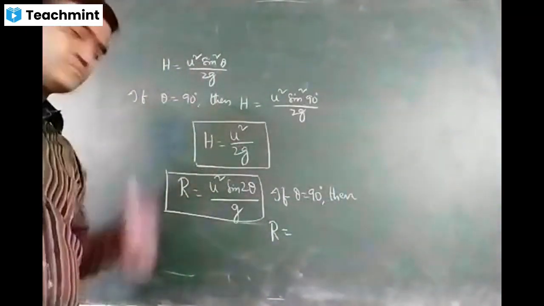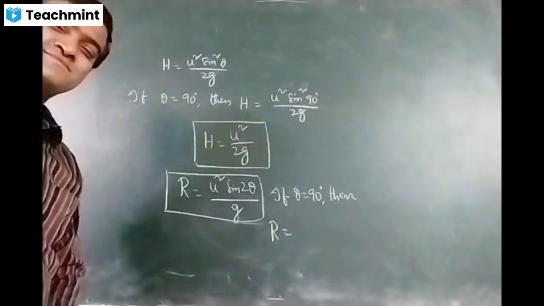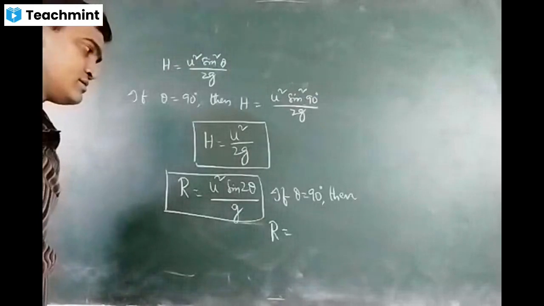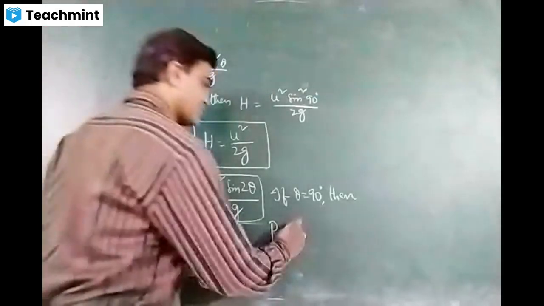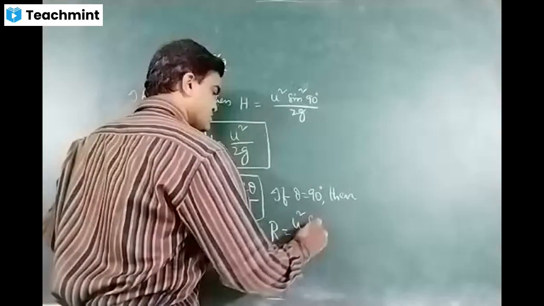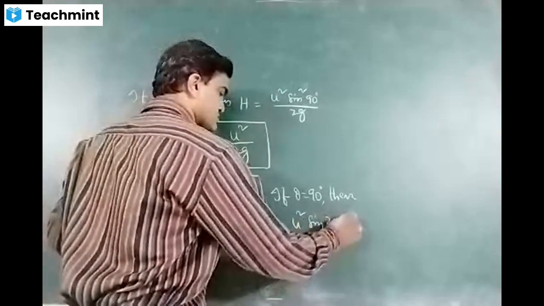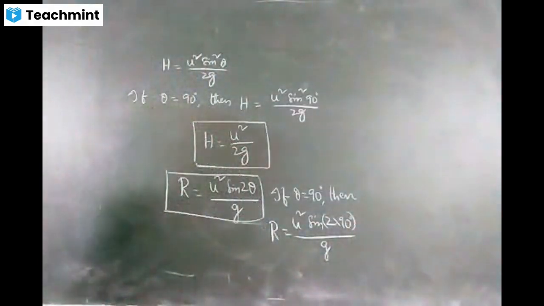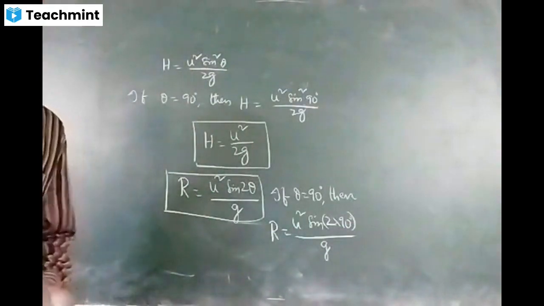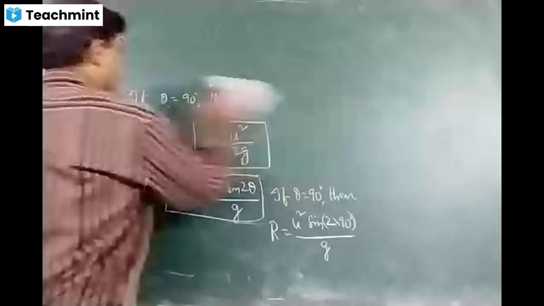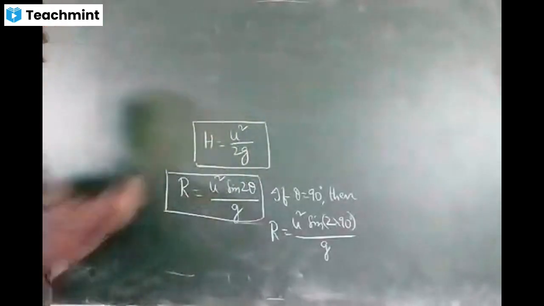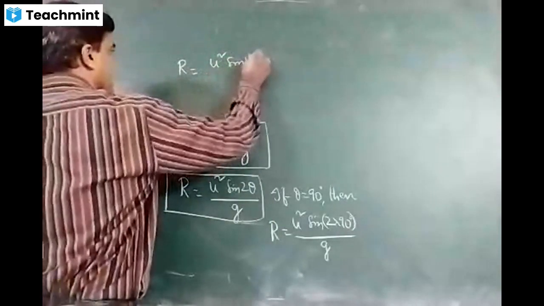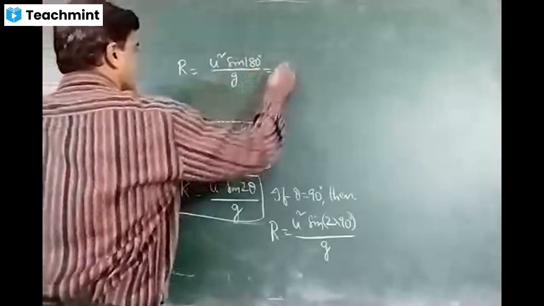R is equal to U square sin 2 into 90 degrees by G. Now 2 into 90 degrees is nothing but 180, so sin 180. Sin 180 is 0. So R is equal to U square sin 180 degrees by G, which is equal to 0.